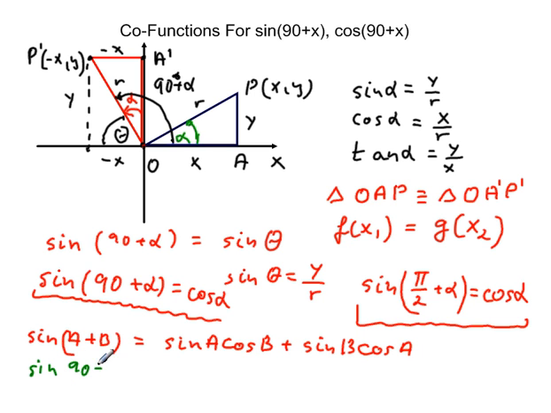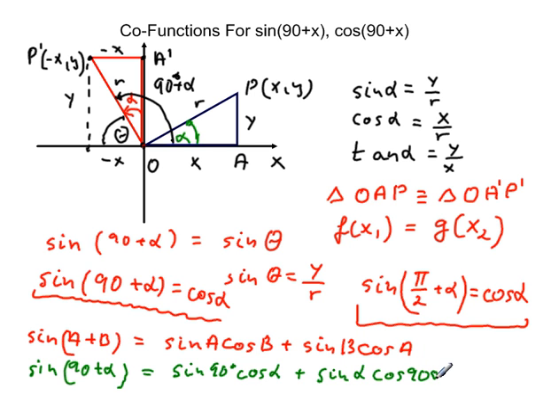By analogy, A represents 90 degrees and angle B represents angle alpha. So in the expansion, you will see sine 90 degrees cos alpha plus sine alpha cos 90 degrees.